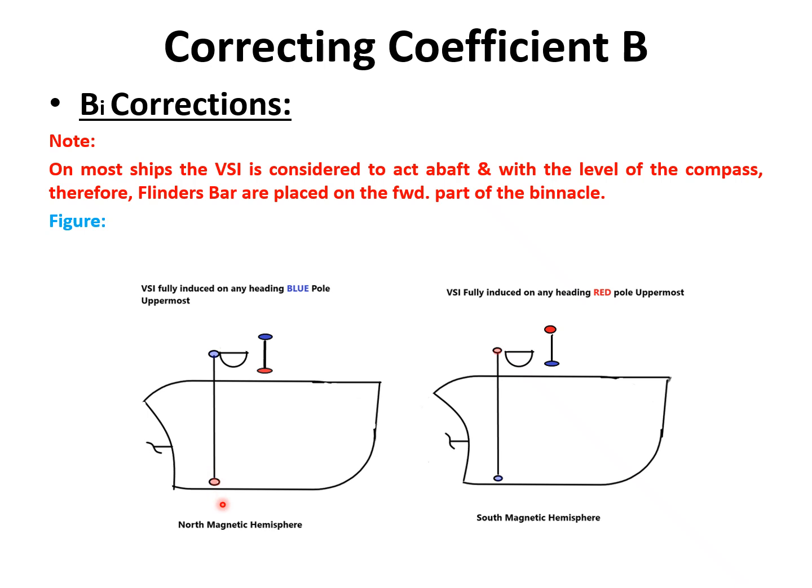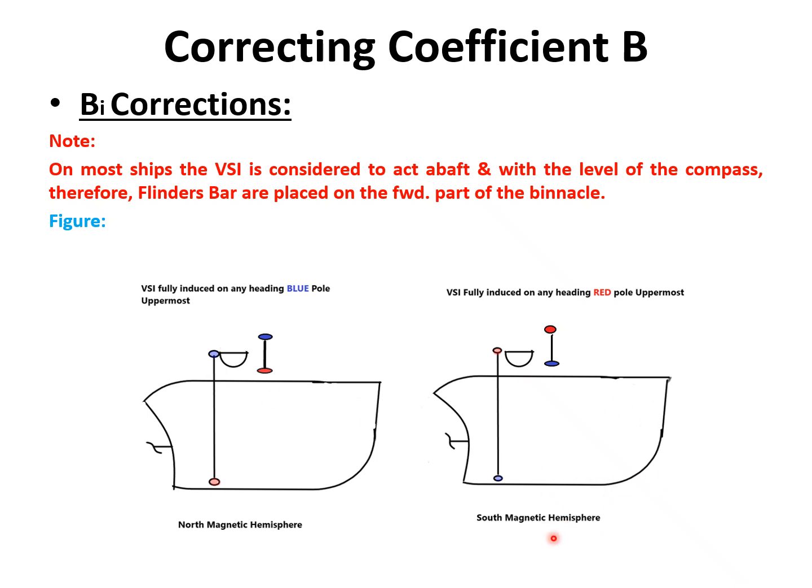So you see, if the vessel is in the northern hemisphere, it will get a blue pole at the top. So what we do, we'll put a Flinders bar at the forward, and the blue pole of the Flinders bar will be at the top, right? So this Flinders bar will create an equal and opposite deviation to that caused by the VSI induced by jet, right?